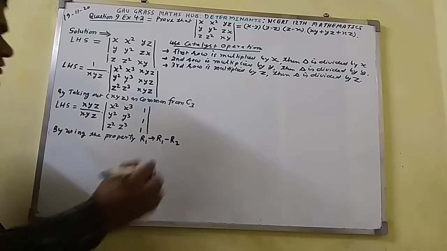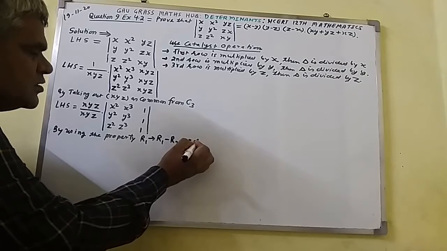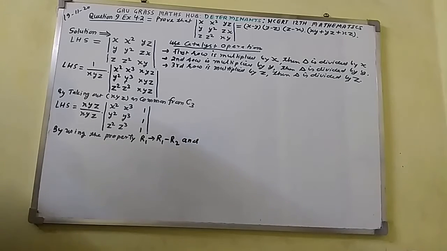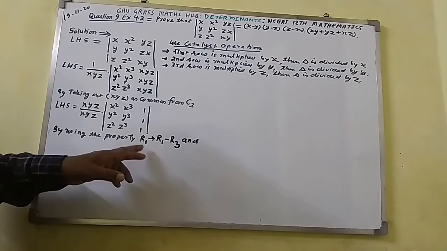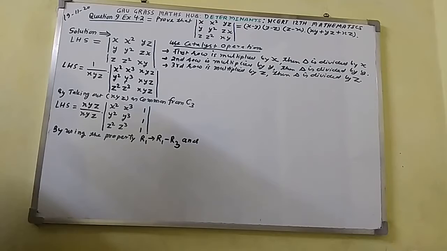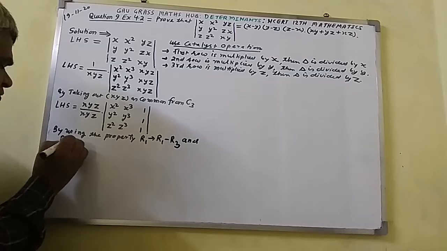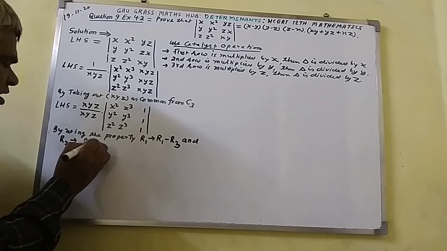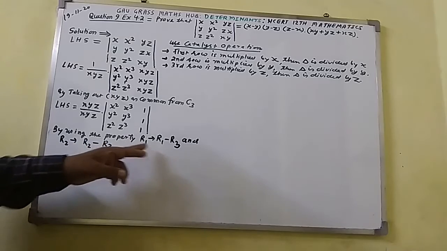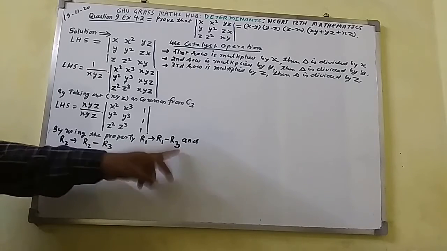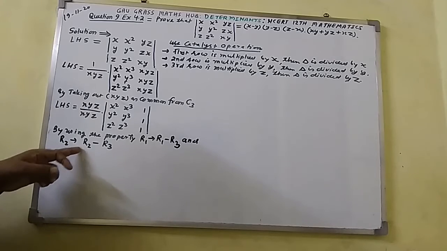And here is the property R1 goes to R1 minus R3, and here I write the property R2 goes to R2 minus R3. This property I shall use. R1 goes to R1 minus R3 and R2 goes to R2 minus R3.